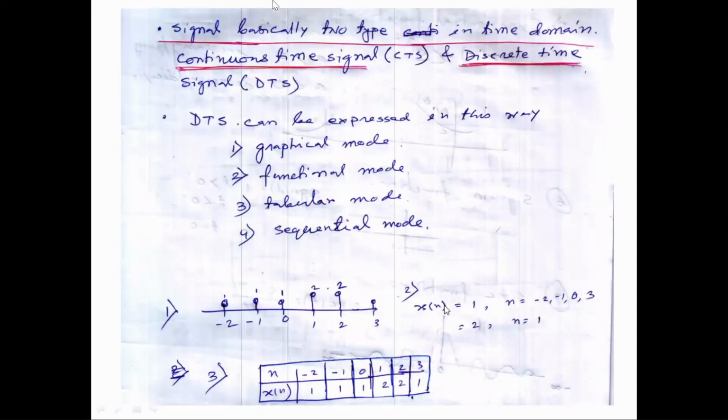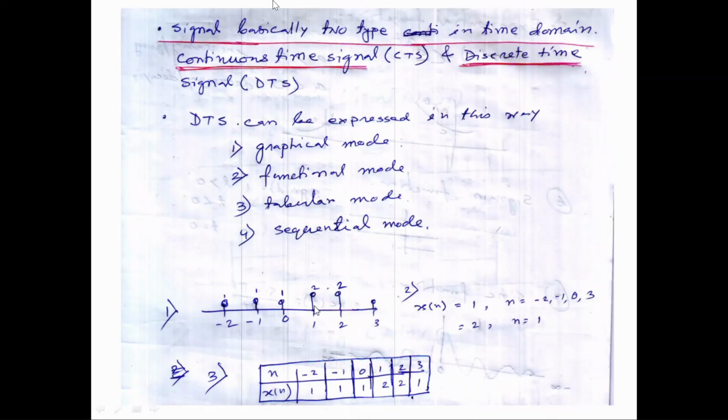This one is the graphical mode. Suppose this is your x-axis and this point is 0. At 0 the amplitude is 1, at minus 1 the amplitude is 1, at minus 2 the amplitude is 1.